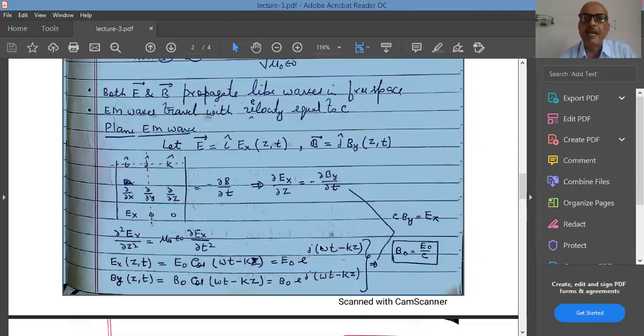Omega is 2 pi times the frequency, you already know. Similarly, By can also be written as B0 into cos of omega t minus kz, or we can write it in this form also.